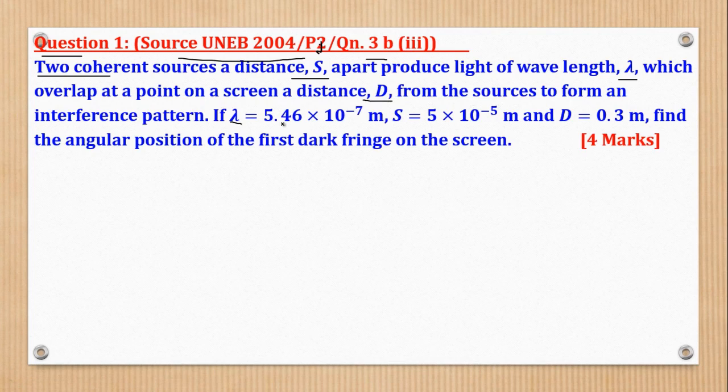If lambda, the wavelength is this, S is this separation of the slits, and capital D is this, the distance from the slit to the screen, find the angular position of the first dark fringe on the screen.